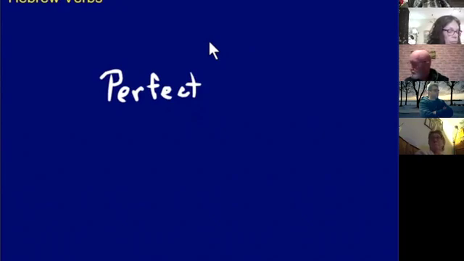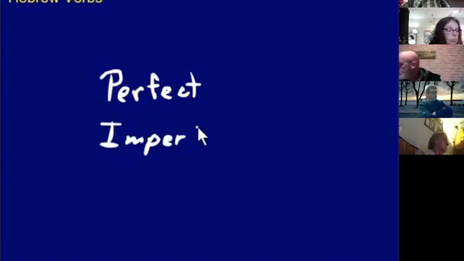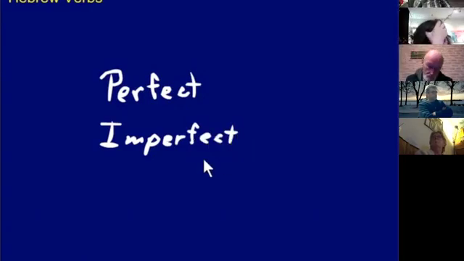It has other purposes as well, but we'll talk about that in due course. The perfect is the first thing. A little later, we're going to talk about the imperfect. This is another verb form, and what I want to show you here is how they fit into a grid.